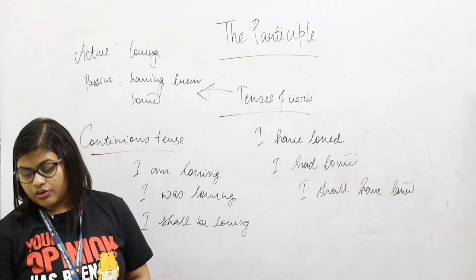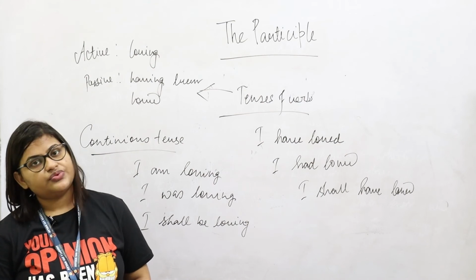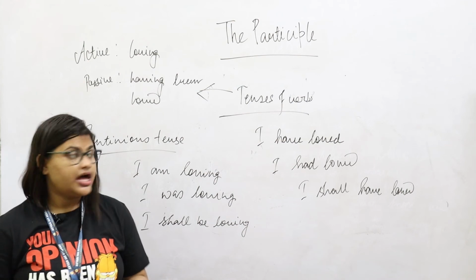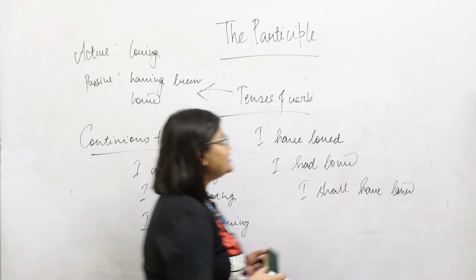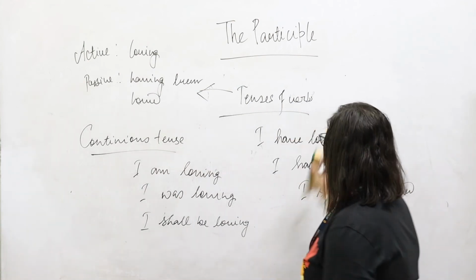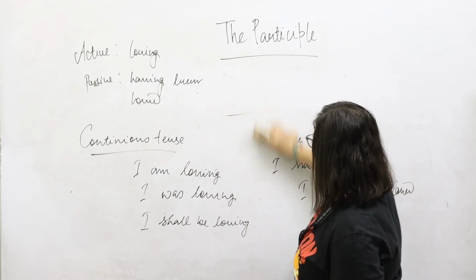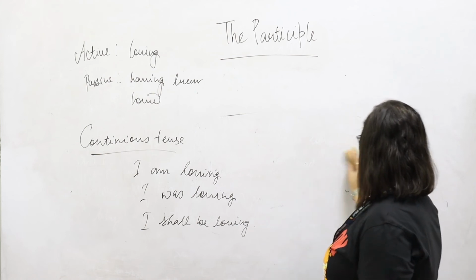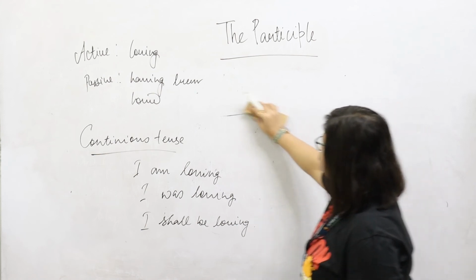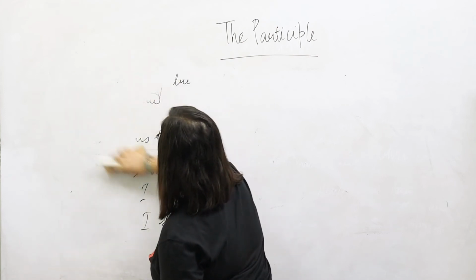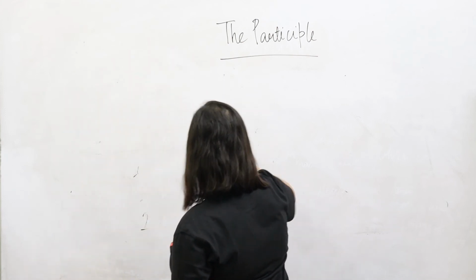So, as we had already said, we can use participles attributively as well as predicatively. Attributive use is when we are using it before the noun, and predicative use of participles is when we are using them after the noun, that is, in the predicate part of the sentence.